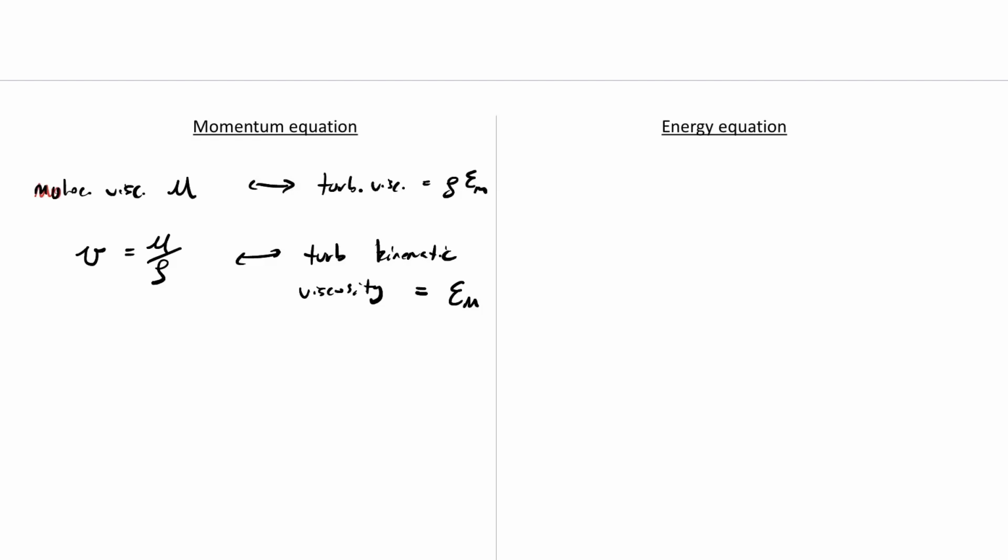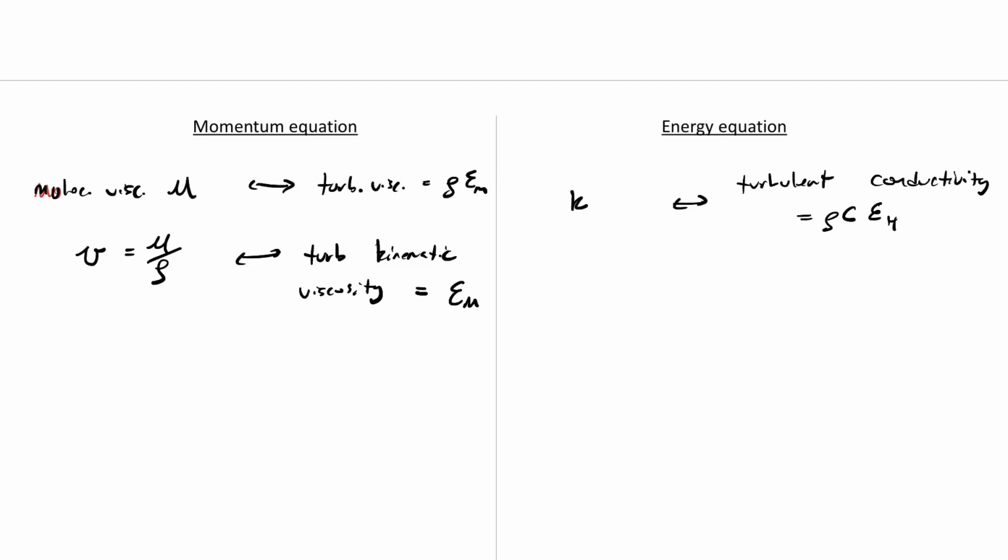On the other side, on the energy side, we have our molecular conductivity K. K is going to be analogous to our turbulent conductivity, and that is rho times C times epsilon sub H. That's our turbulent conductivity.